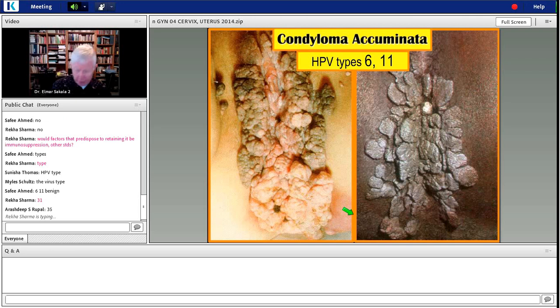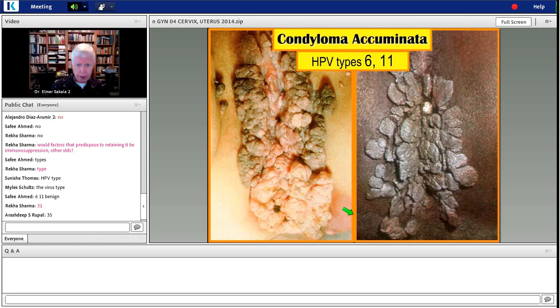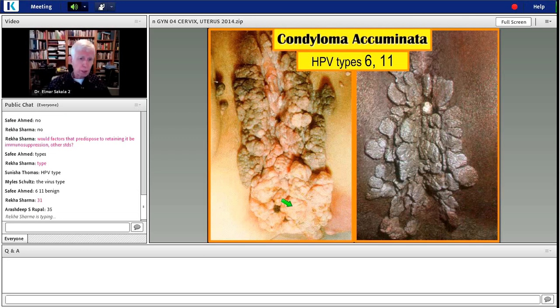Now, what is interesting is these are benign. They are the 6 and 11. Women weren't immunosuppressed on steroids or something like that, because you generally don't see this severe a case. I mean, you don't even see the anus, you don't see the vagina, you don't see the structures.